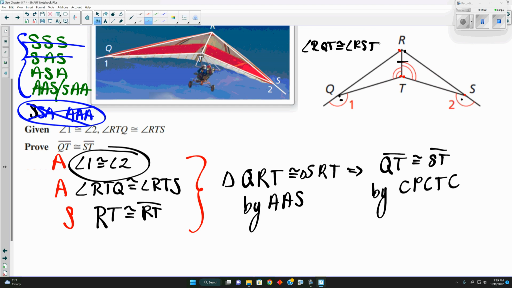Since 1 and 3 add together to be 180, 2 and 4 add together to be 180. Since 1 and 2 are the same, 3 and 4 must be the same. So really we needed a step in the middle here. I noticed that as we were about halfway through, to say that since these are congruent, 3 and 4 are congruent, so that gives us that angle. Does that make sense?